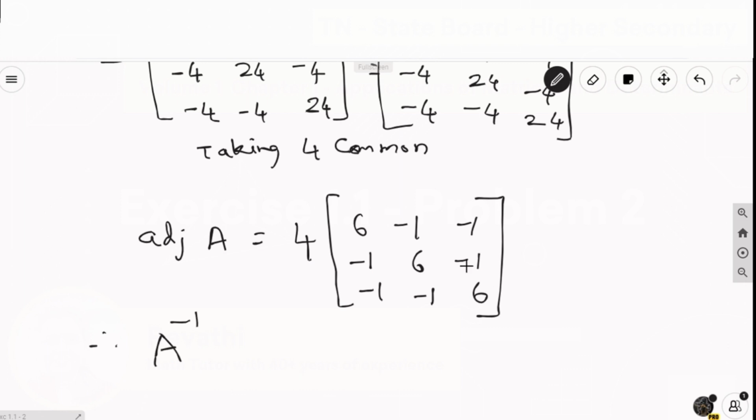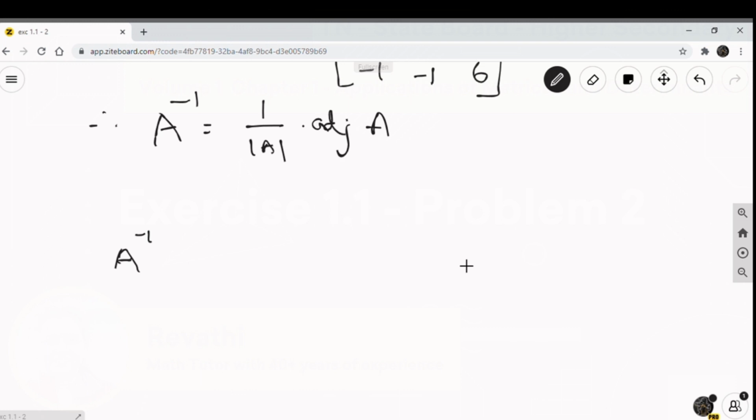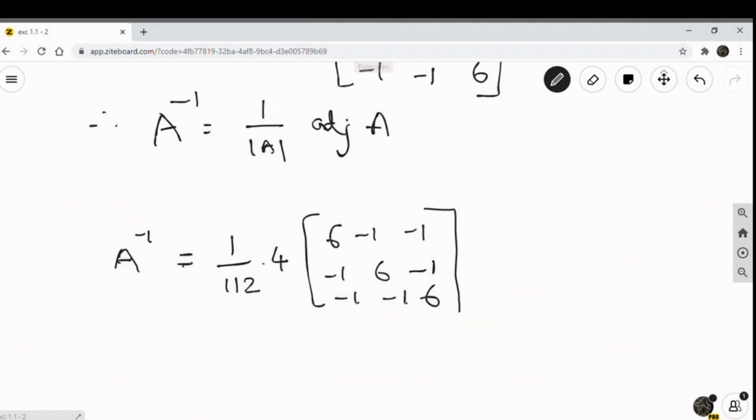A inverse is equal to 1 by determinant A into adjoint A. So just substitute the answers we get. Now A inverse is equal to 1 by the determinant value into the matrix. Since it is divisible by 4, you can reduce the numbers. 4 will go 2 times and 4 will go 8 times. So it is 28.